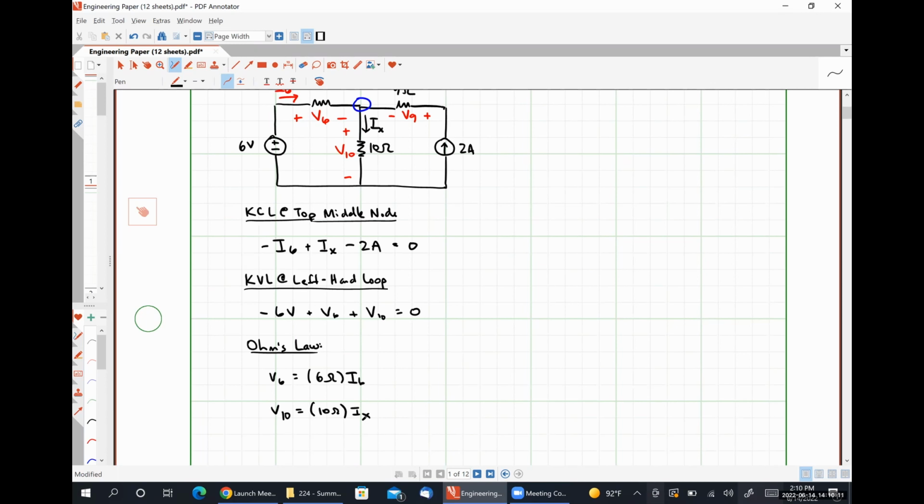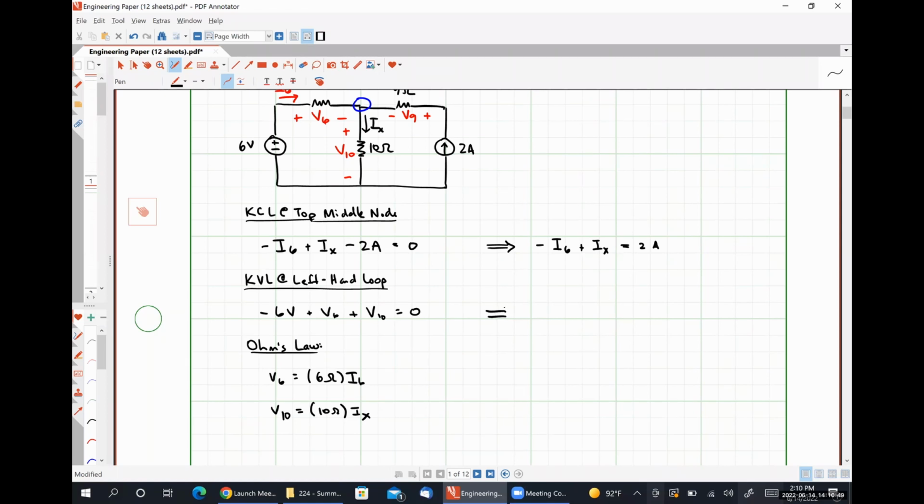And what I'm going to do now is make some substitutions here and rearrange my equations slightly. So for instance, for this first KCL equation, I'm just going to move the constant term to the right-hand side of the equal sign, giving me negative I6 plus IX is equal to positive 2 amps.